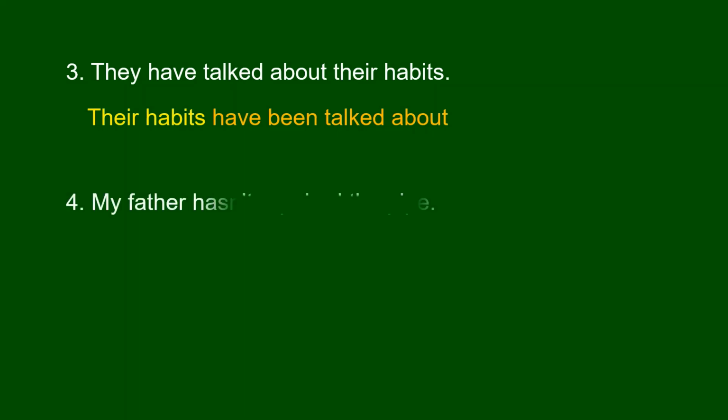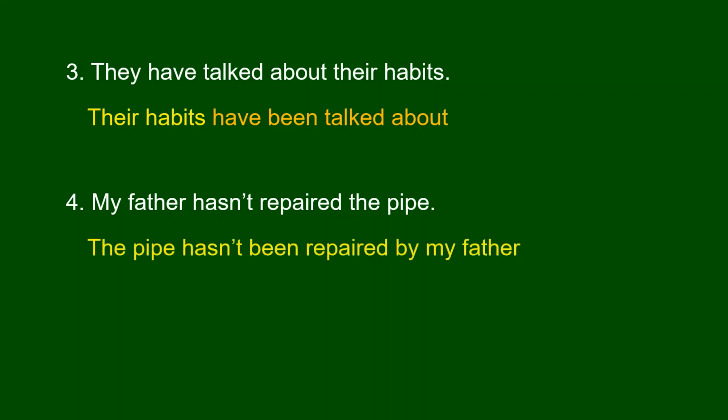Number four, my father hasn't repaired the pipe. We have "the pipe" as an object of the active sentence, so we have to write it as the subject of the passive sentence. And the answer is: the pipe hasn't been repaired by my father. Why do we have to use "hasn't" here? Because number four is a negative sentence, so we have to write the negative sentence in passive form. Okay?